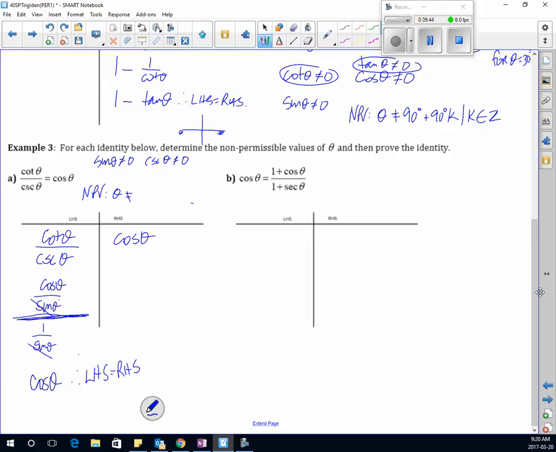But if you think about this logically, if cosecant is equal to 1 over sine, how do you get 1 divided by something to give you 0? Unless you're taking 0 and dividing by something. Do you see what I'm saying? You can't. So this actually doesn't attribute to any non-permissible values.